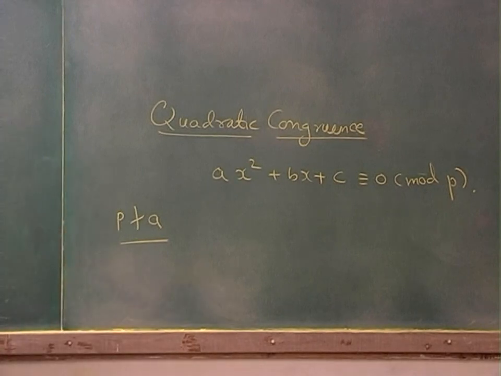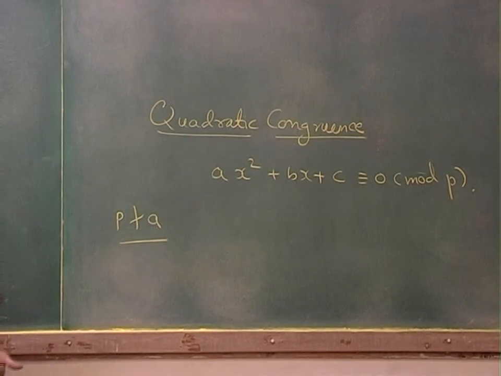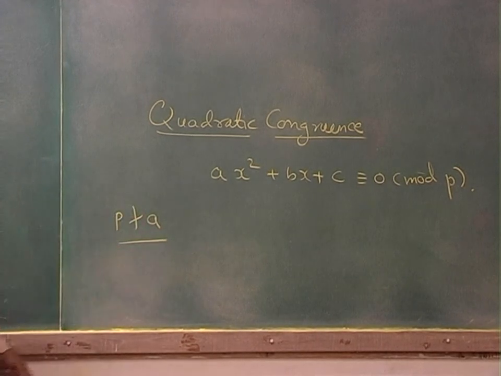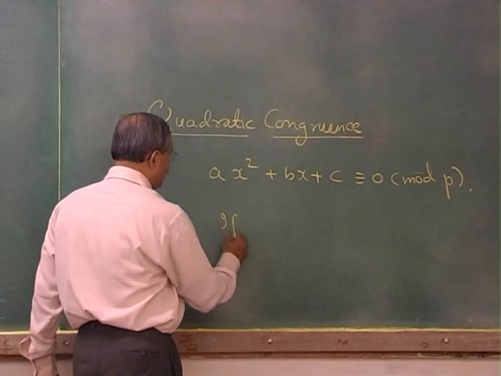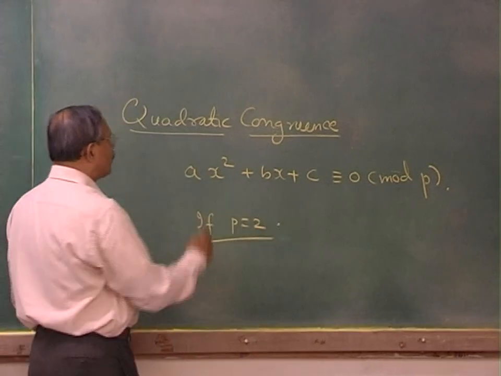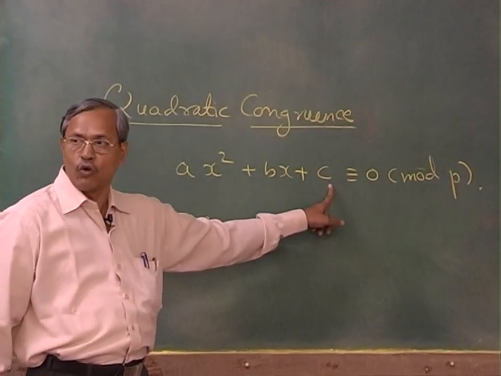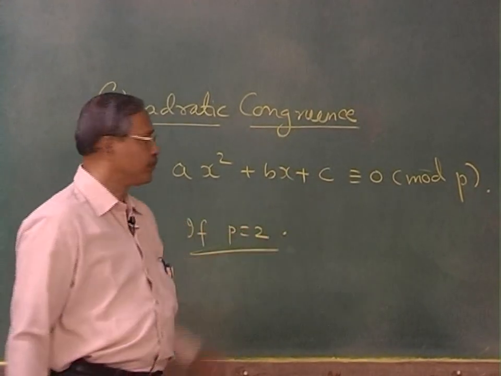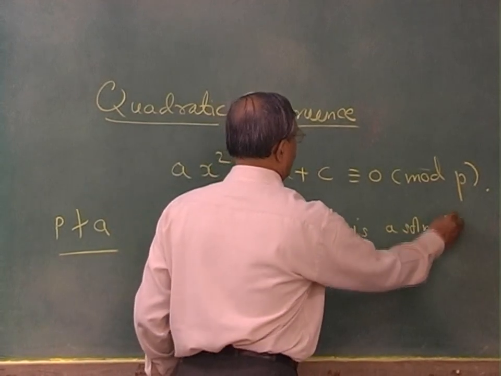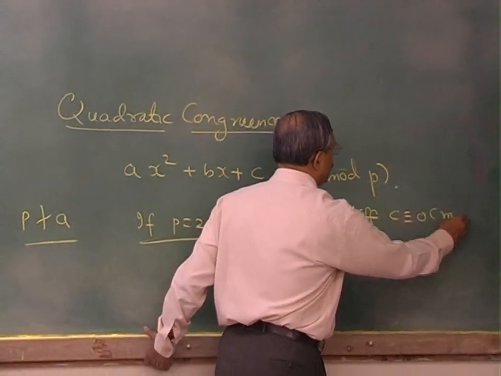If p is even, then it is very easy to deal with the equation, because if p is 2, then 0 and 1 are the only things to be tested: whether 0 is a solution or not, and whether 1 is a solution or not. If p equal to 2, 0 is a solution if and only if c is congruent to 0 mod 2.